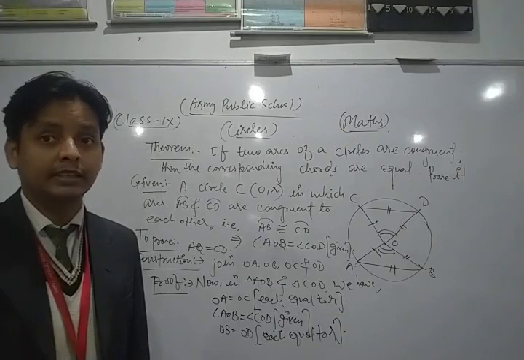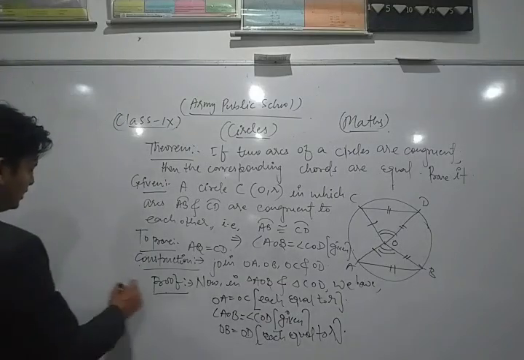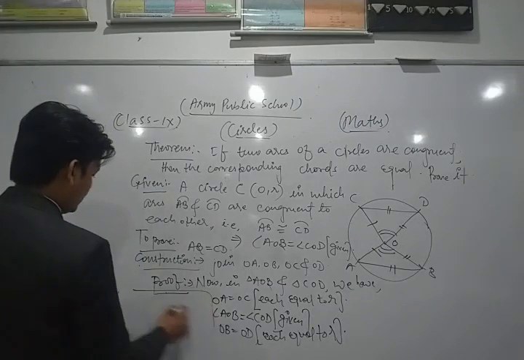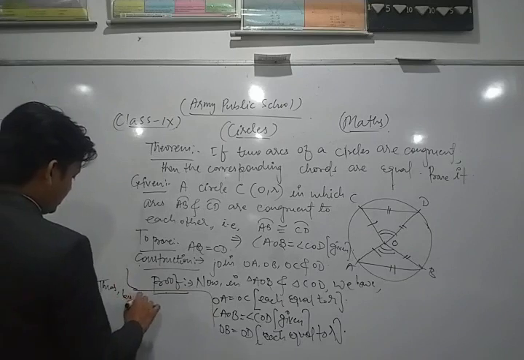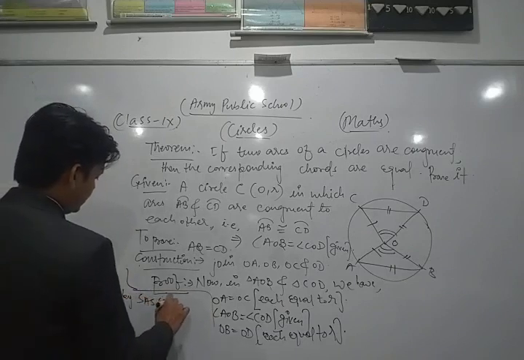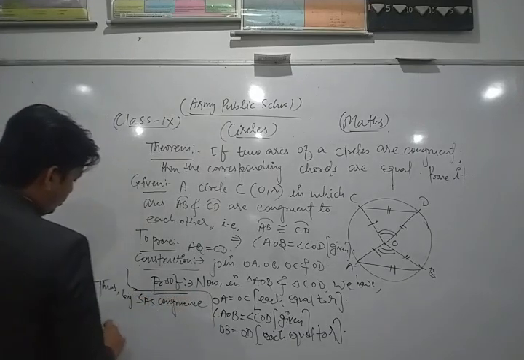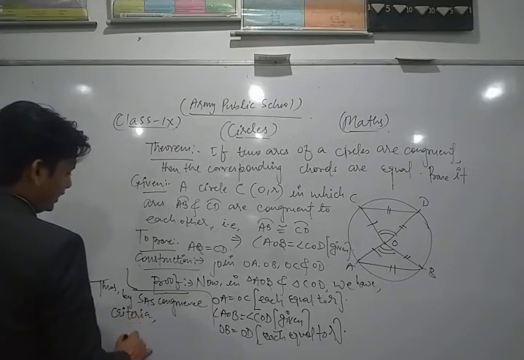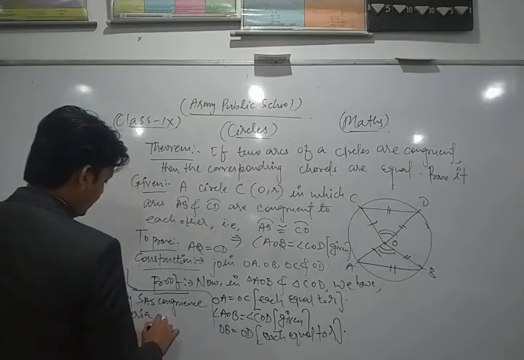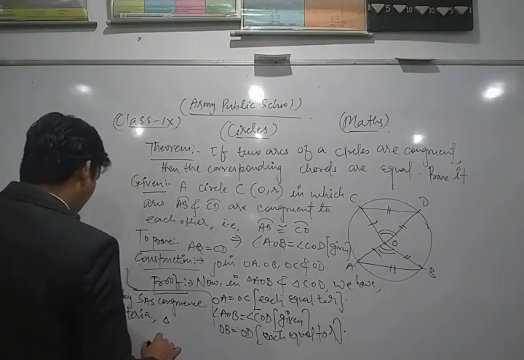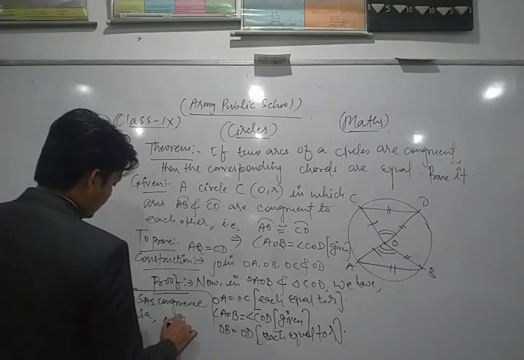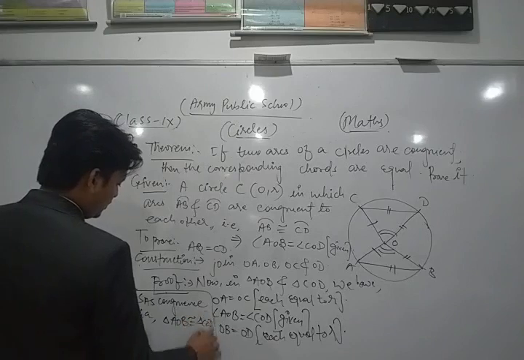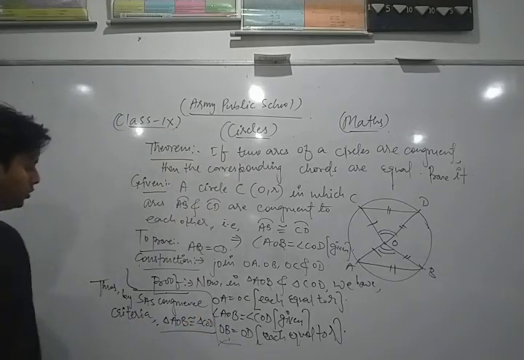Thus, by which congruence criteria? By SAS congruence criteria, triangle AOB is congruent to triangle COD.